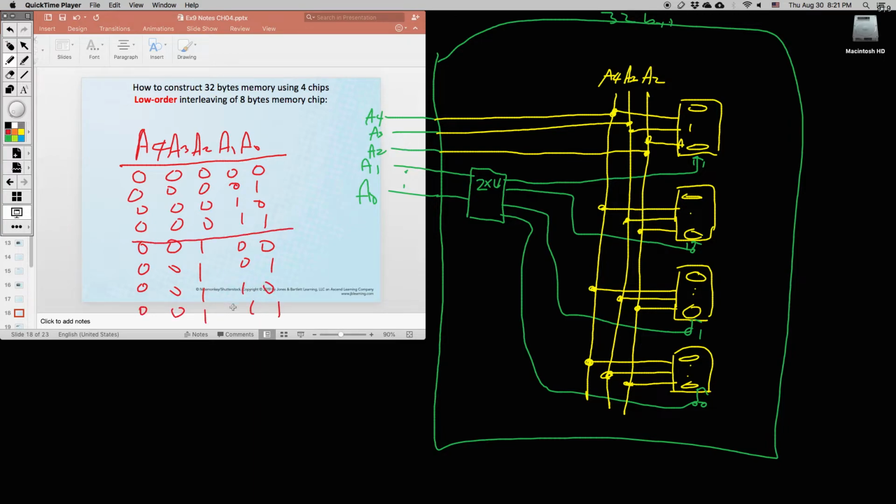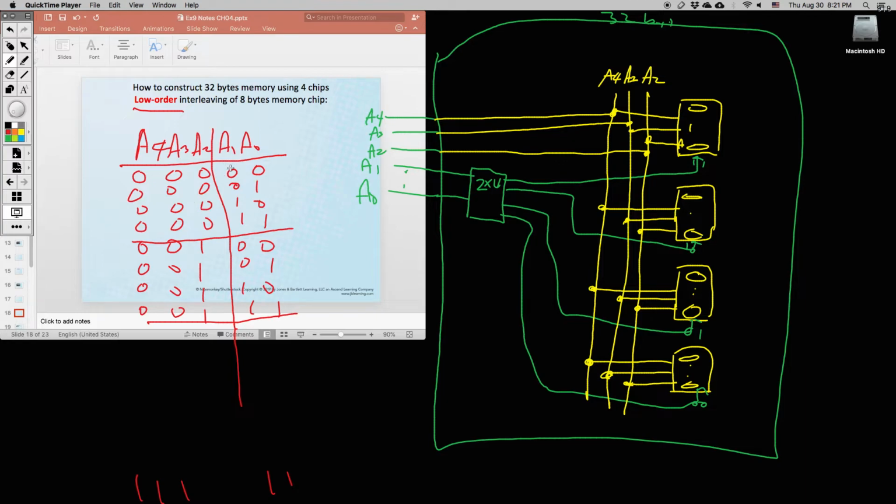Let's take a look at groups of four each. Since the low order bits are used to select the chips, we can keep dividing into groups of four until we reach all ones.